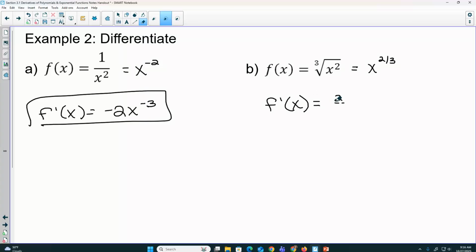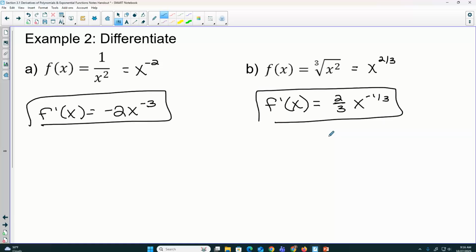We keep our x. And we subtract 1 from the power. 2/3 minus 1. All right, are those okay?